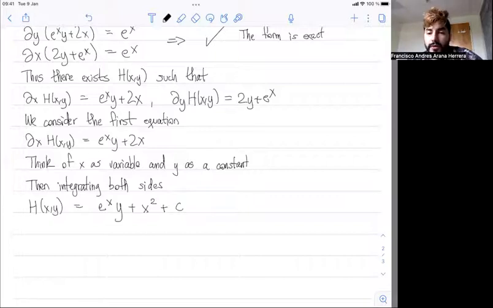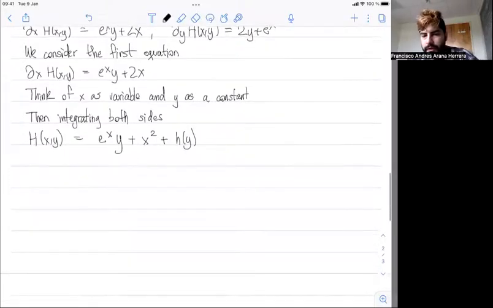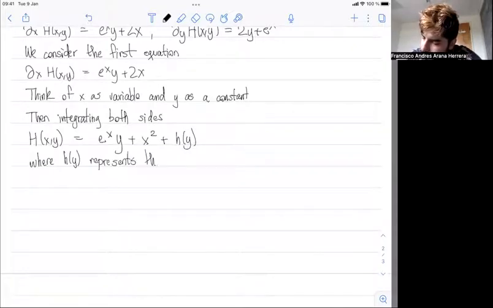But here we have to be a bit careful because y is a constant. So a priori, this constant could depend on y. So instead of a generic constant c, I should write a constant of integration which is a function depending on y. Okay, so let me write that, where h of y represents the constant of integration.